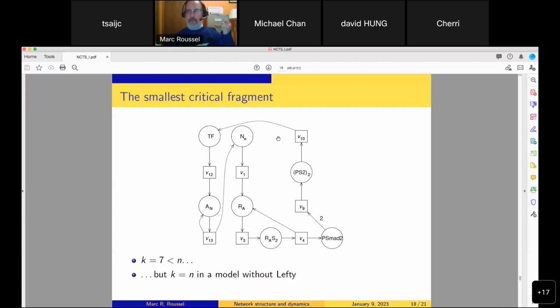But in fact, you can take lefty out completely. You can remove the inhibitor, and then at that point, if you count up what's left, it turns out that this K equals 7 is the N of the simplified model. So in other words, in the simplified model, you get a condition for bistability in a model that does not have lefty.